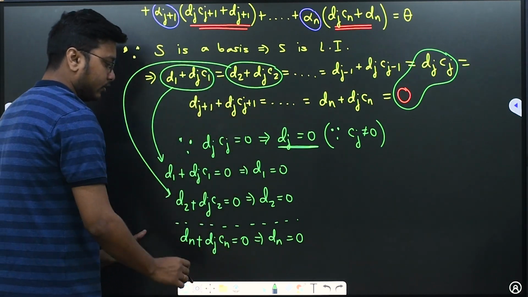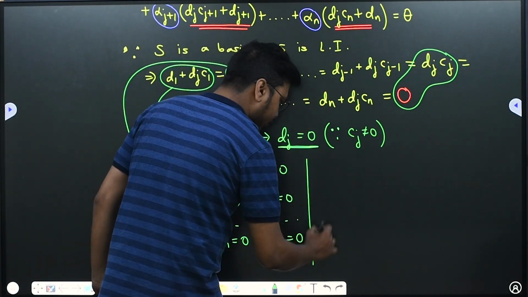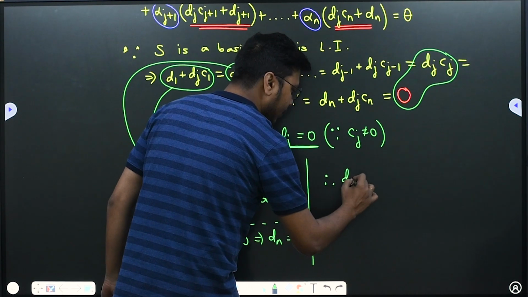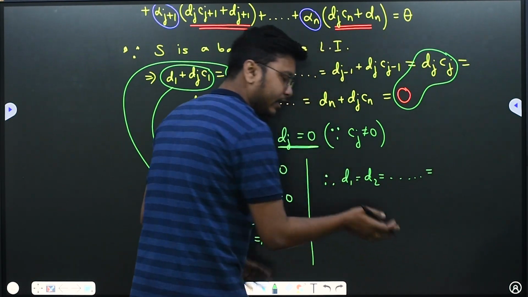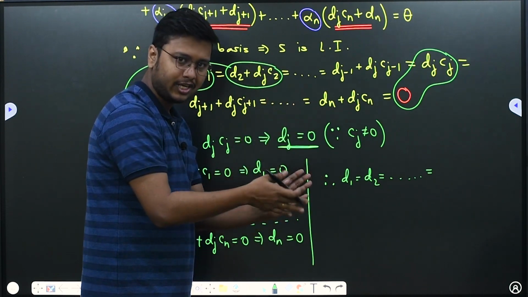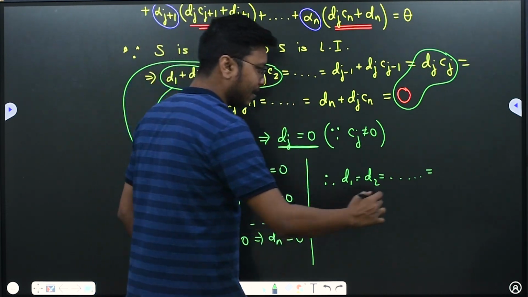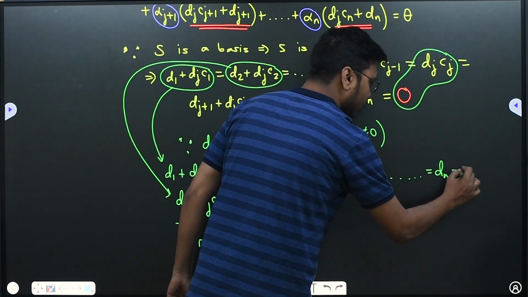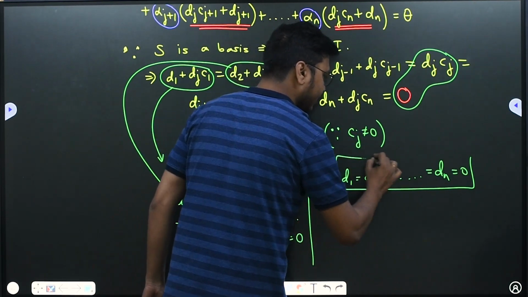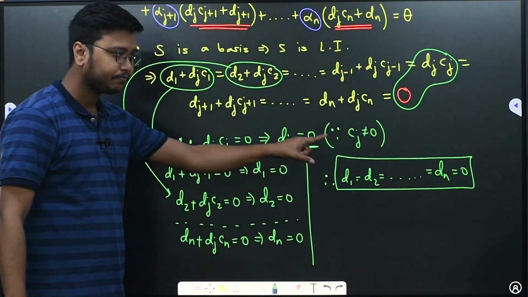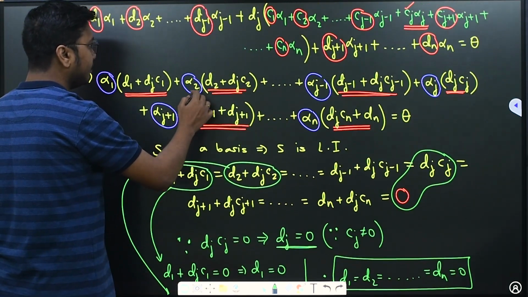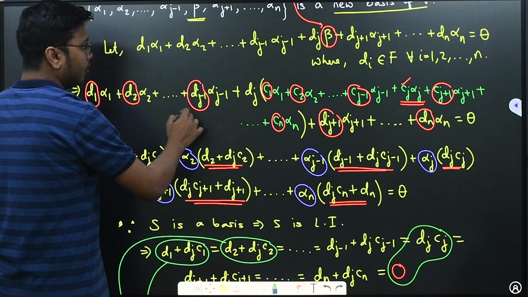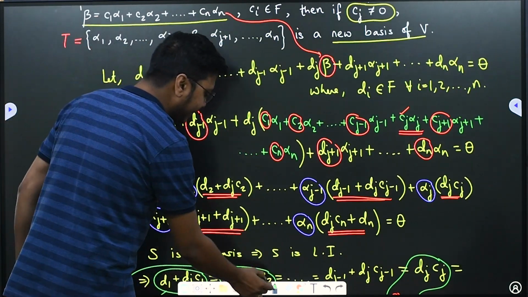So I'll just write over here what I have got. Therefore d1 equals d2 equals, all the constants including j minus 1, j plus 1, all those elements up till dn, all the constants are 0. Now this is going to be important for our starting line.